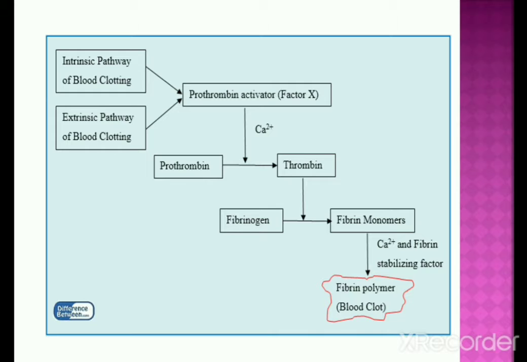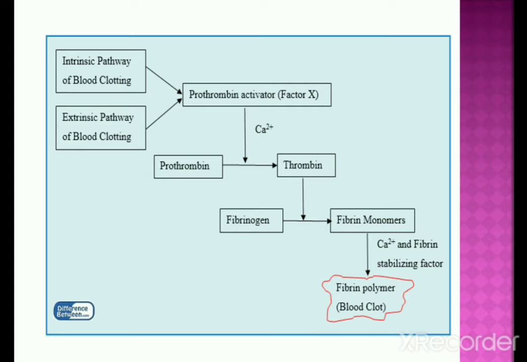So blood coagulation refers to the process of formation of a clot to stop the bleeding. The body's response involves the interaction of three processes: first is primary hemostasis, then vasoconstriction, and secondary hemostasis.